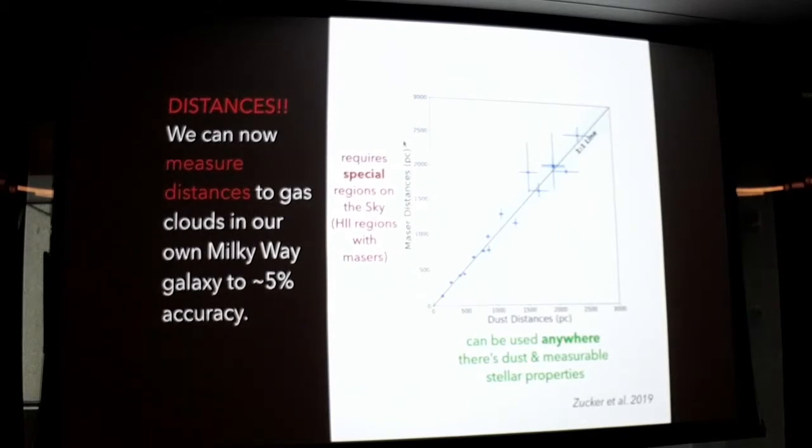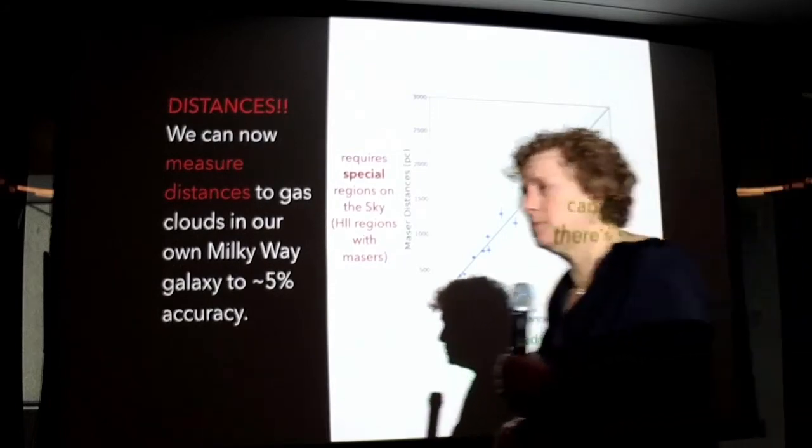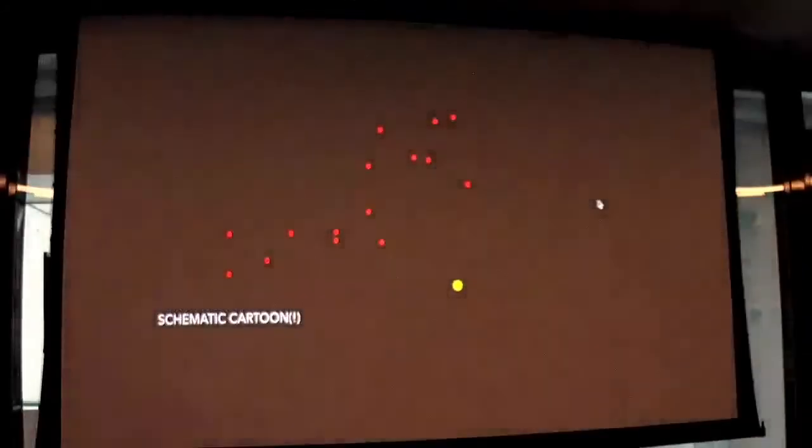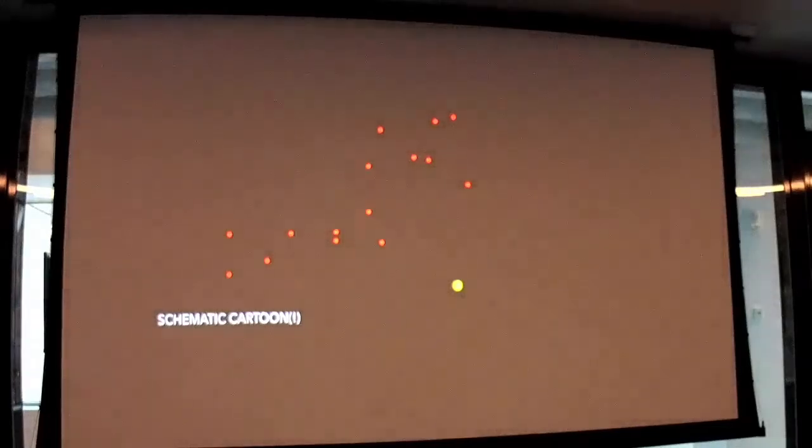And nobody in astronomy, just please trust me, no one in astronomy would doubt these distances. These are distance measurements using this new technique I'm going to show you that match sort of one-to-one. And these are distances to actual clouds in interstellar space, those little red dots that you saw in the previous video. So here's what happened.